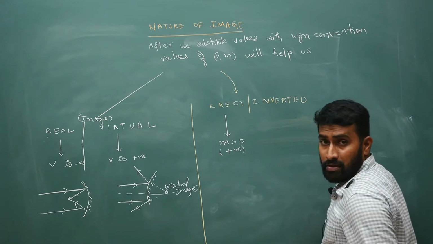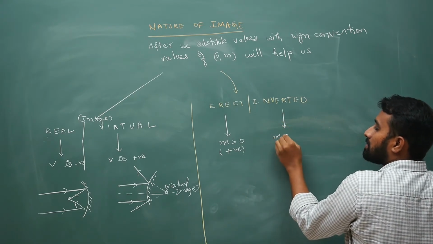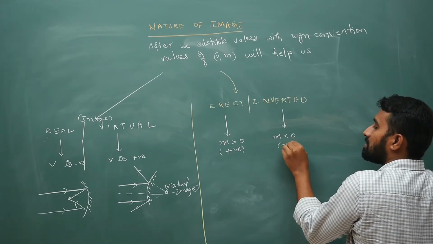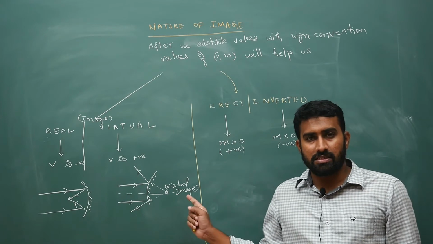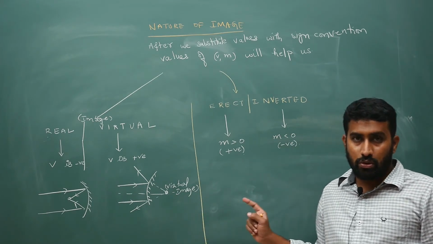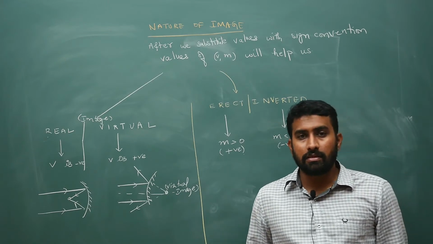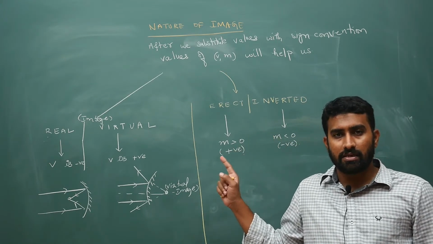For inverted image, M is less than 0, it is negative. For erect image magnification is positive, for inverted image magnification is negative. So after doing the calculation you should tell whether the image is erect or inverted.